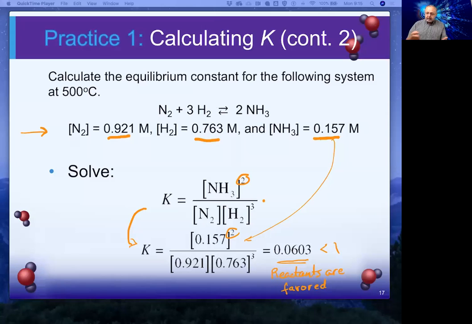So in this case, the reactants are favored. So the value of K can give you an idea of how much the reaction is going to go toward the products. Now, the only way that you can change K is by changing the temperature.